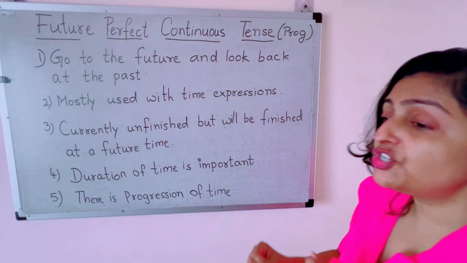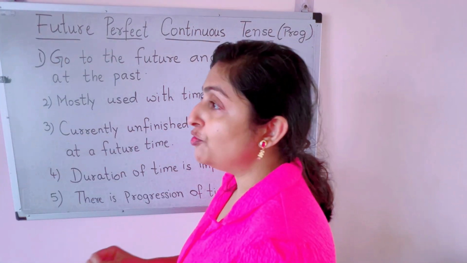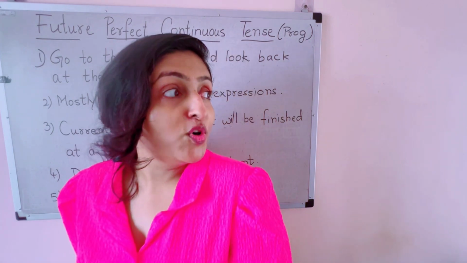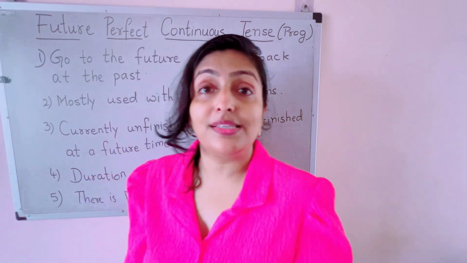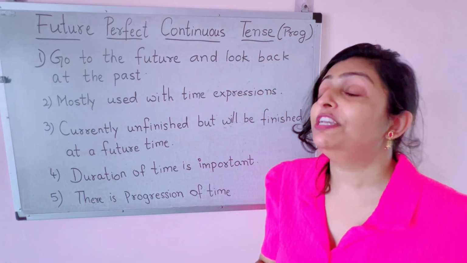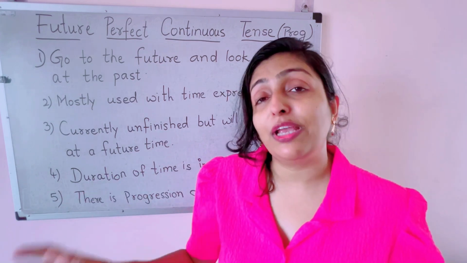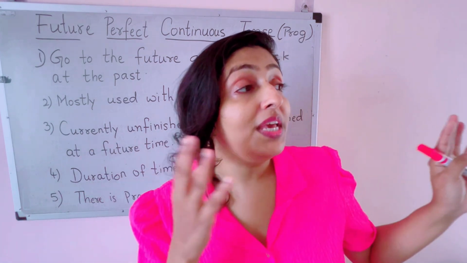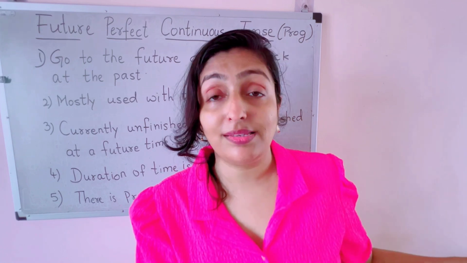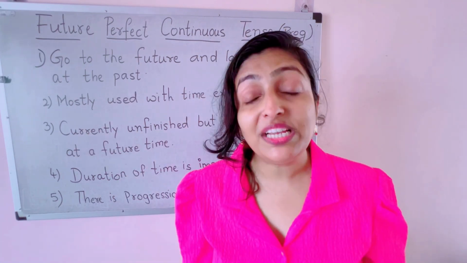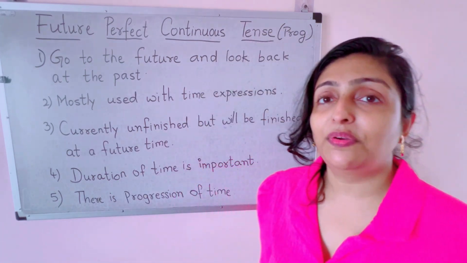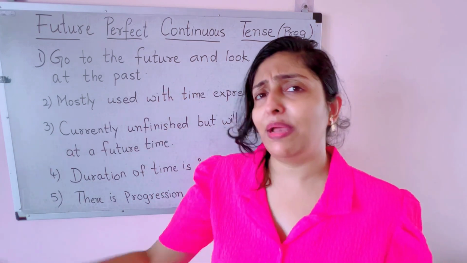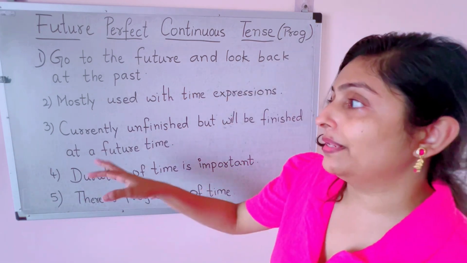Imagine that you are walking to the future and then you are looking back at the past. That is the main feature of future perfect continuous tense. You are looking at the past from a point in the future. You'll understand it better when we solve the examples.